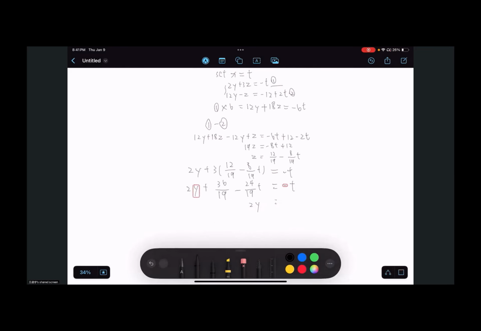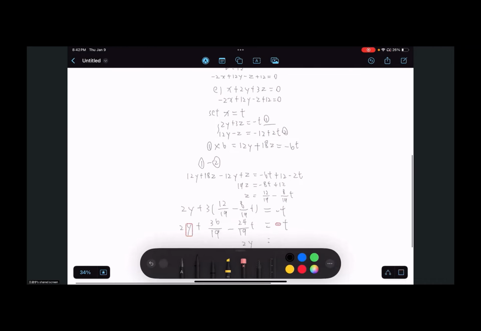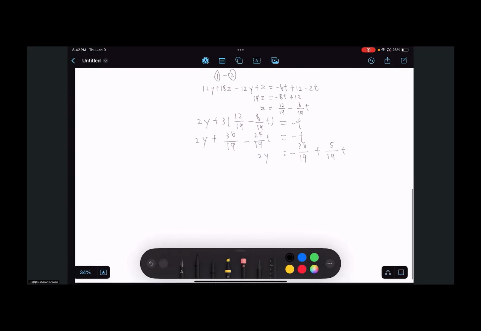Then we need to calculate for y as negative 19 minus 5 over 19t.